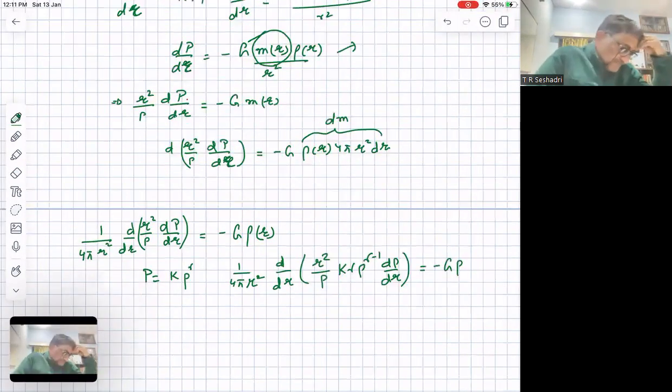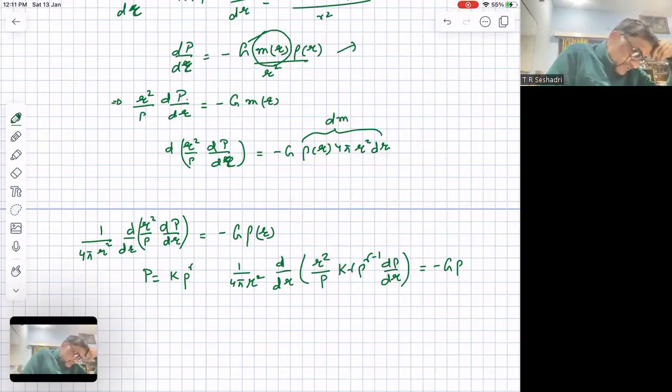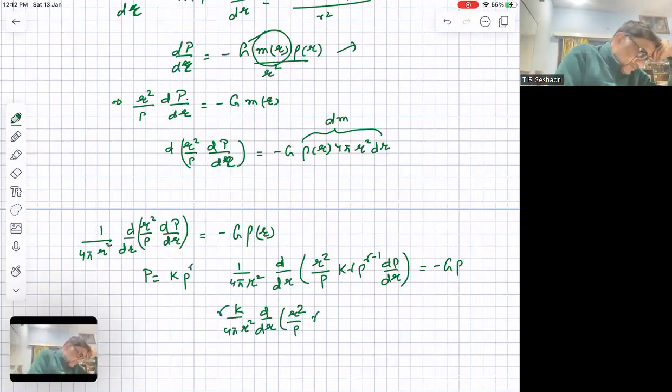Okay. And now this can be written in a slightly different form. It will be 1 by 4 pi r square d by dr of r square by rho. K comes out, and gamma also comes out because it's a constant.